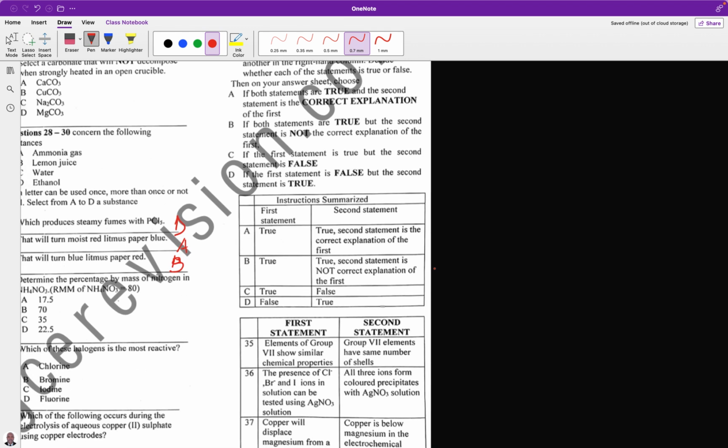Nitrogen is 14. So it will be 14 over the relative molecular mass, 80, times 100.